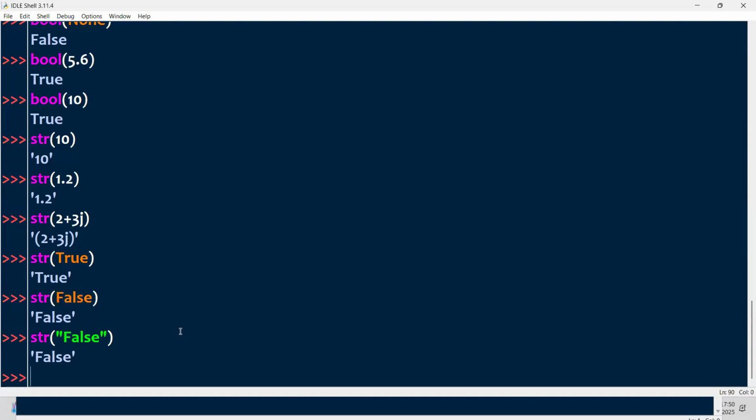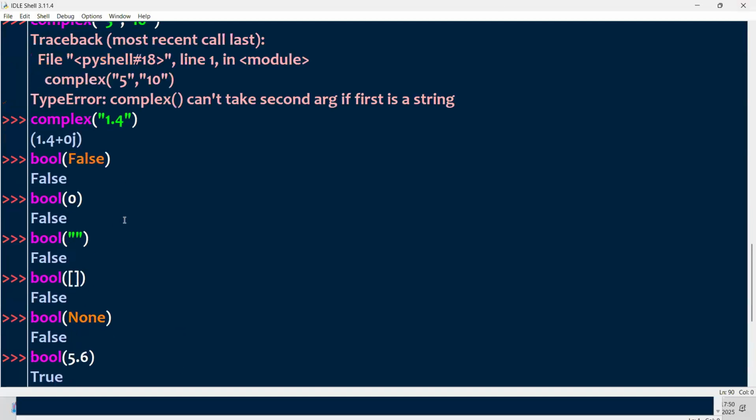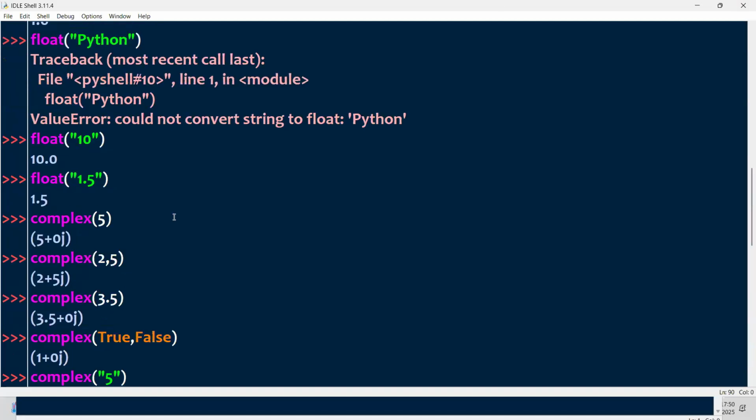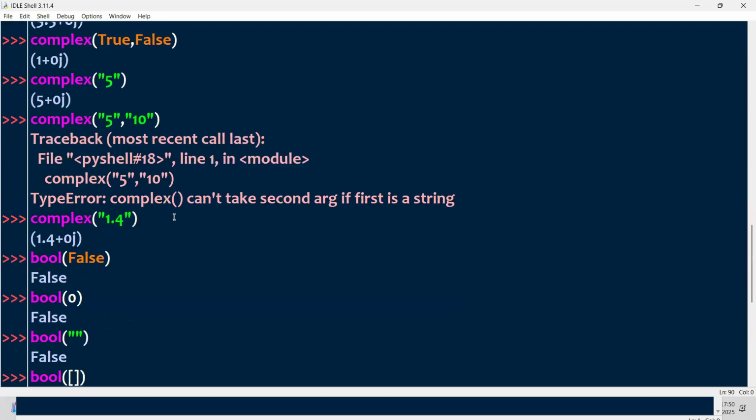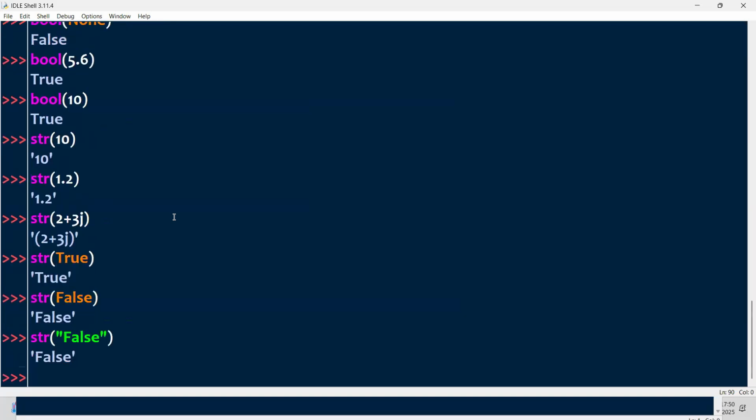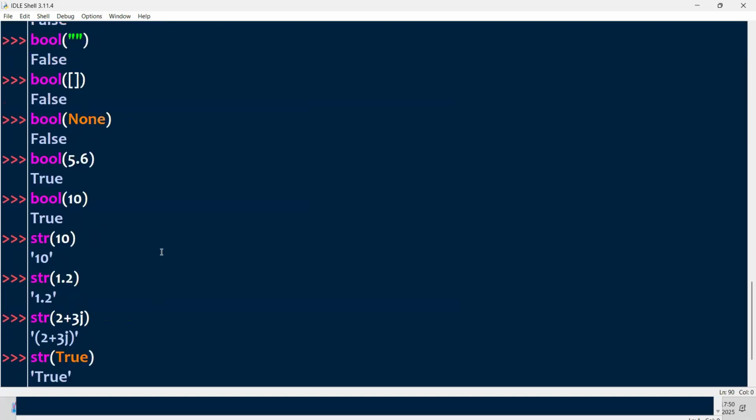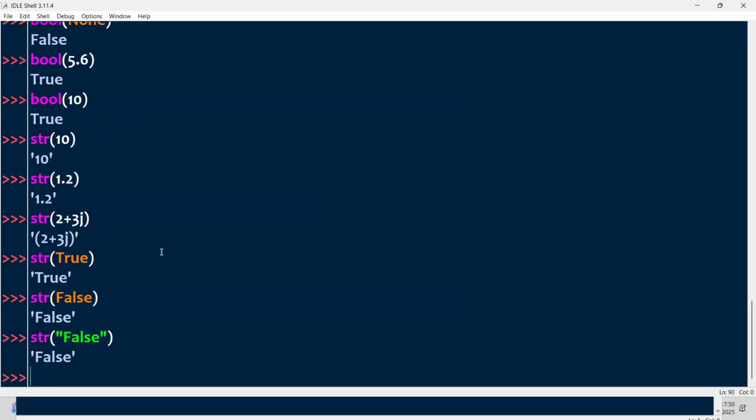Okay. Next, this is what typecasting actually is, on float, complex, bool, and also string. And if you observe here, whenever you are converting data using the bool function and str function, there are no errors.